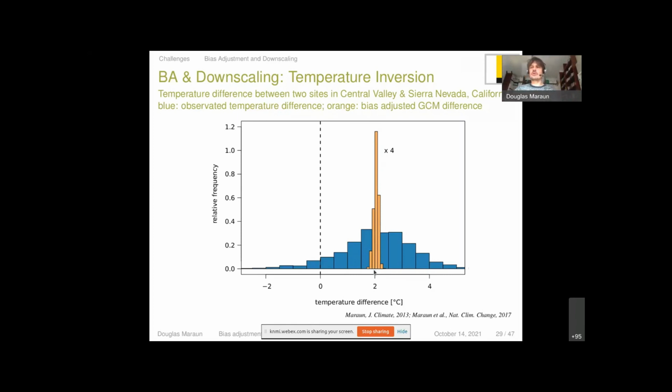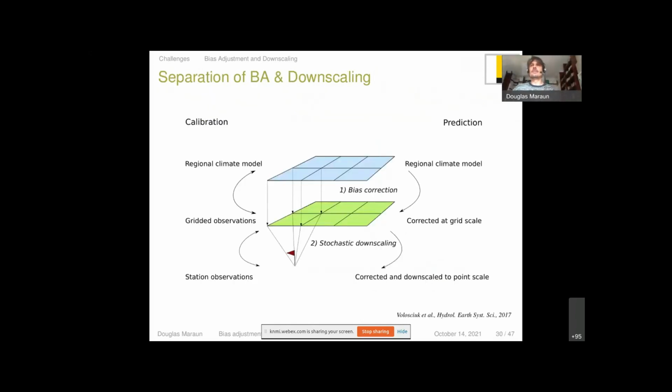So in your bias adjusted data, you would never get a temperature inversion. And in some situations, if you're thinking about agriculture or so, this might be an issue. So I hope I could show you that using quantile mapping for downscaling, or any bias adjustment, might bring you into trouble. Less so with temperature, more so with rainfall. And so really be careful.